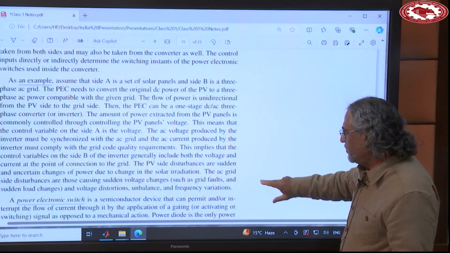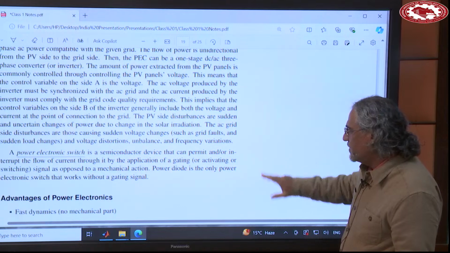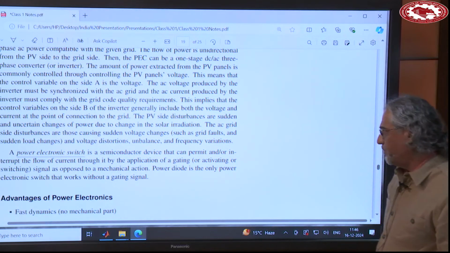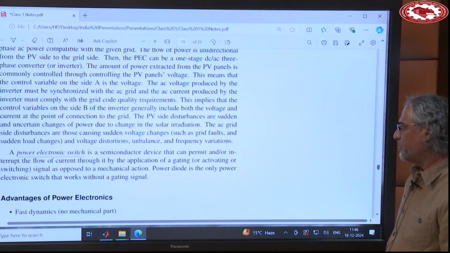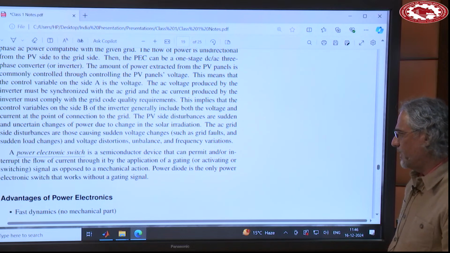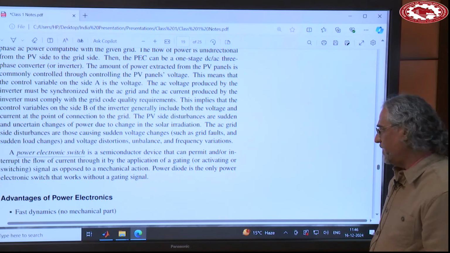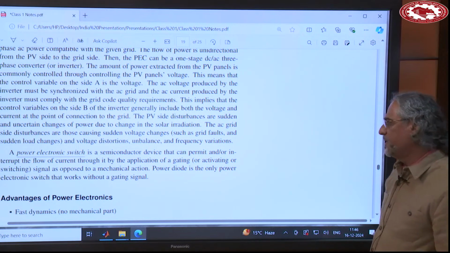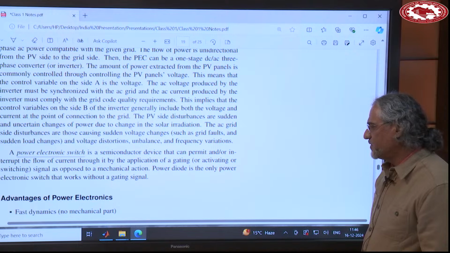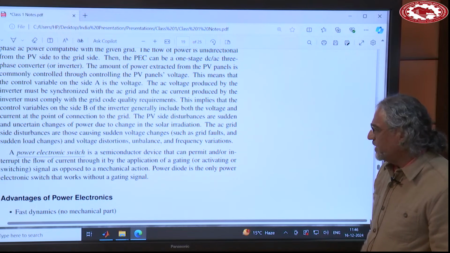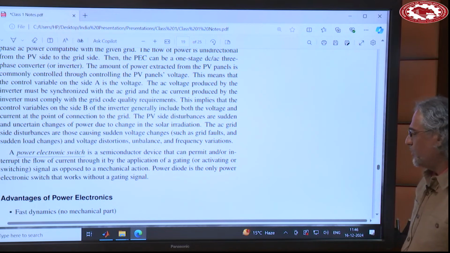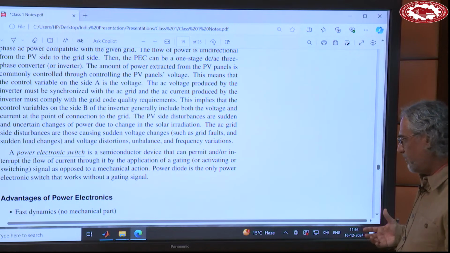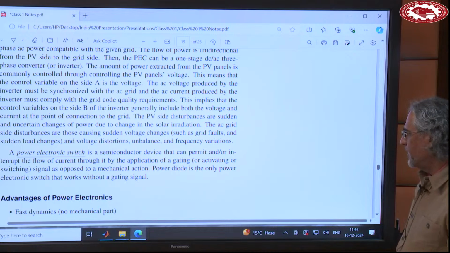So, a power electronic switch is a semiconductor device that can permit and or interrupt the flow of current by the application of a gating or activating or switching signal. The same thing but different names. So by just one signal you can turn on or turn off that switch and then let the current flow or interrupt the current.